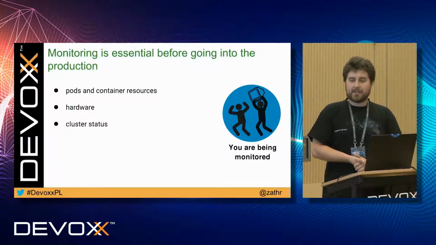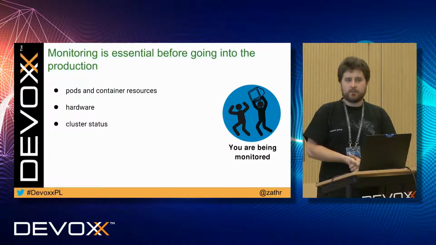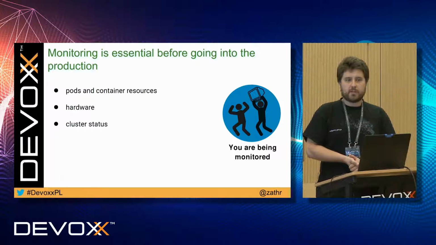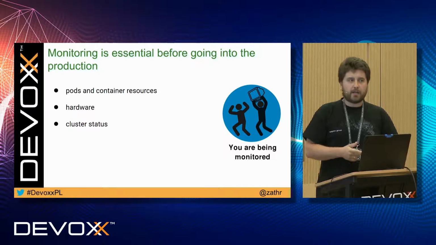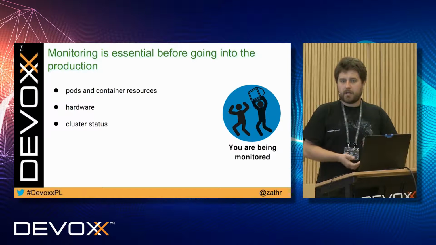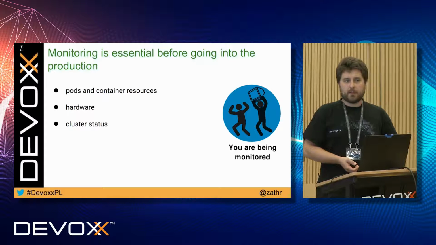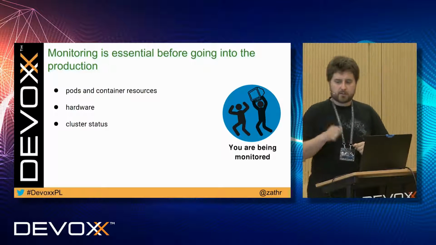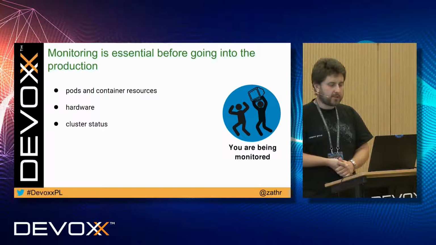Next, monitoring is essential before you go to production. You should choose a solution that allows you to monitor your pods and containers' resources, like CPU, RAM, and network. That's a bare minimum. We have been using Prometheus. We have tried Telegraf and Influx, but failed to obtain those items from pods and containers.